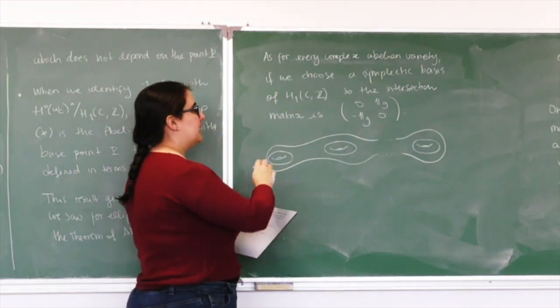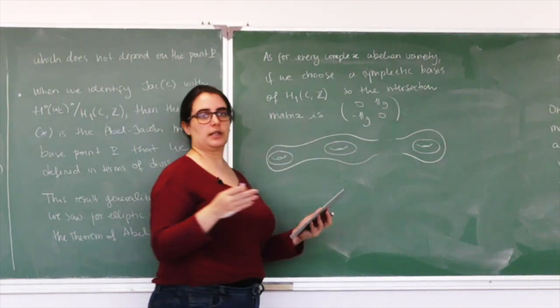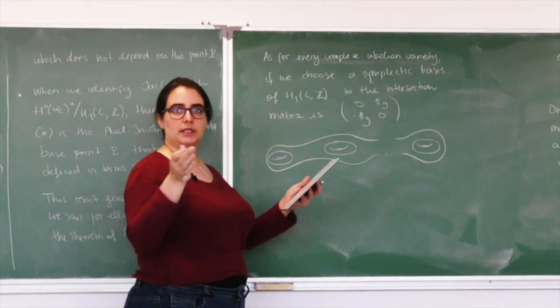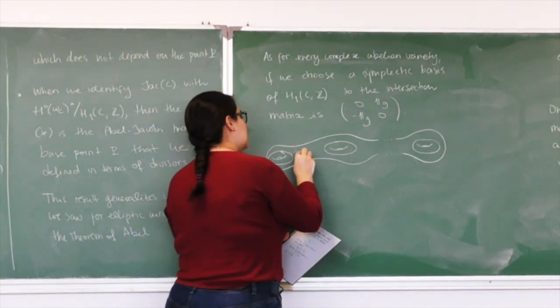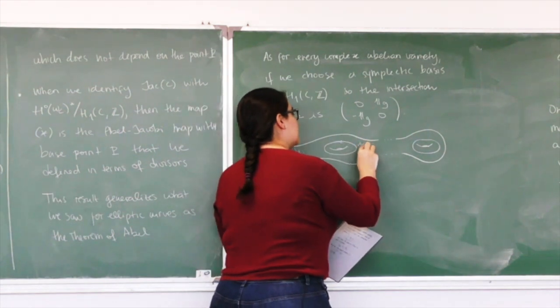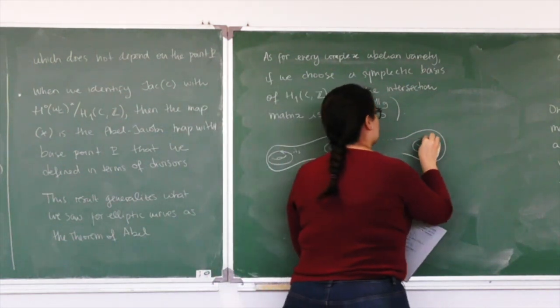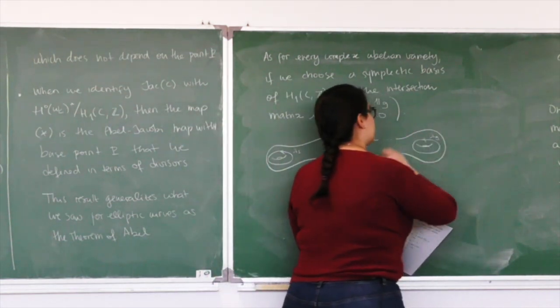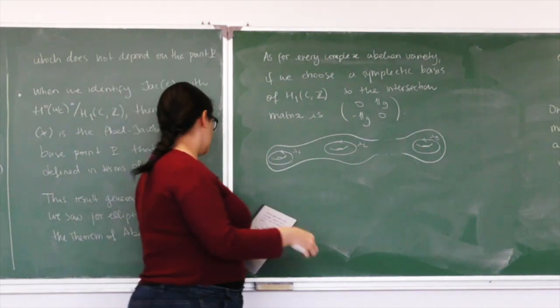It will be a torus with G handles, so G holes in the middle, as if you take a lot of donuts, bite into them and stick them together. We can take lambda 1 to lambda G to be the paths that loop around one of the holes of the complex torus, and this is non-contractible precisely because we have this hole in the middle.